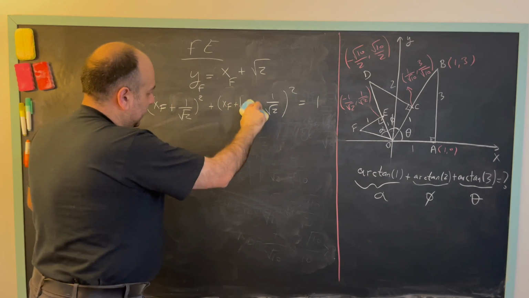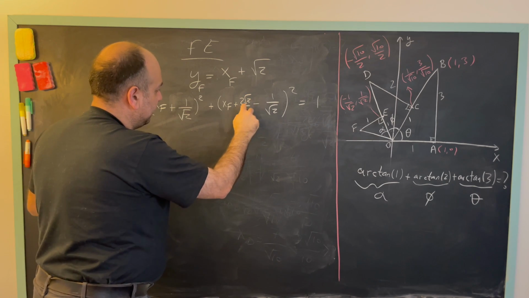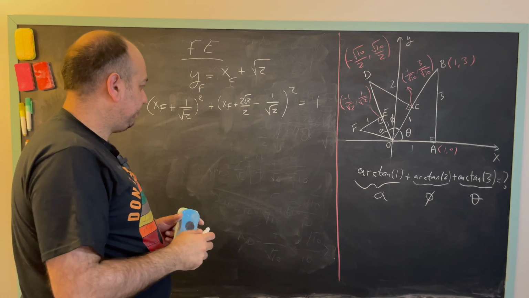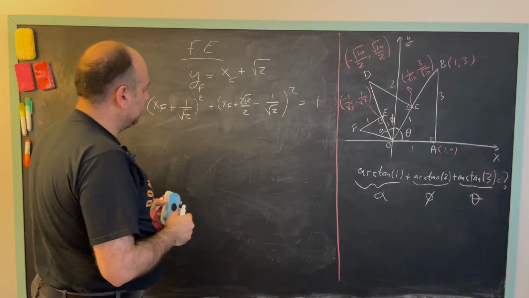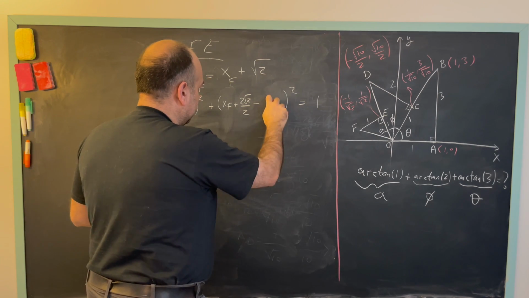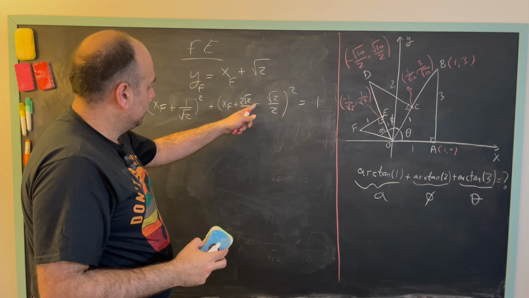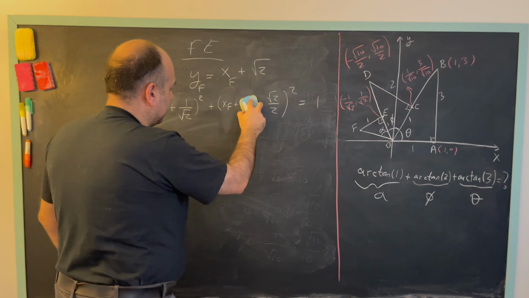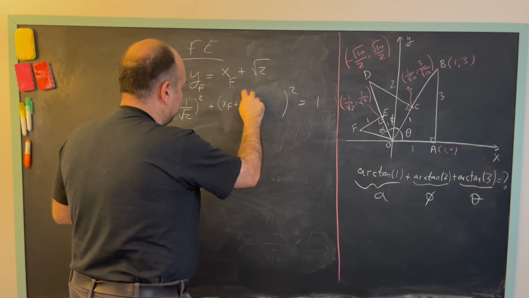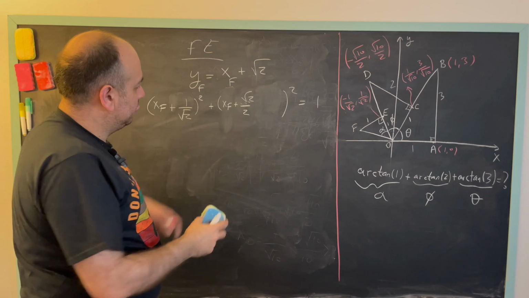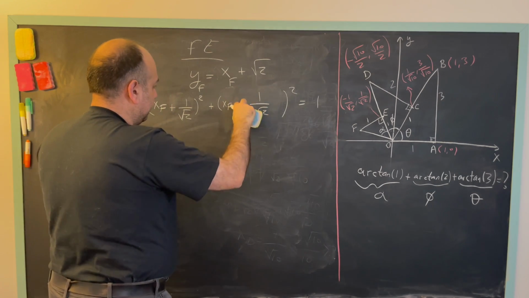So if I multiply this term with 2, this gives me 2 square root of 2, and divide by 2. If I multiply this with square root of 2, this gives me square root 2 over 2. So in the end, 2 square root 2 minus square root 2 is equal to square root 2 over 2, right? But square root 2 over 2 is nothing but 1 over square root 2, right?